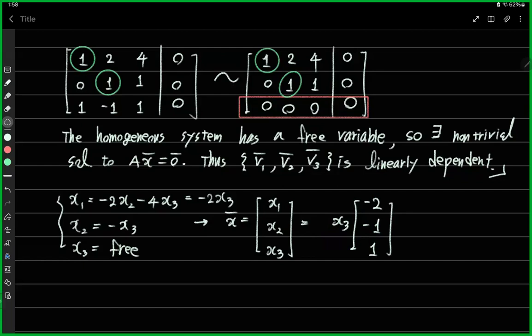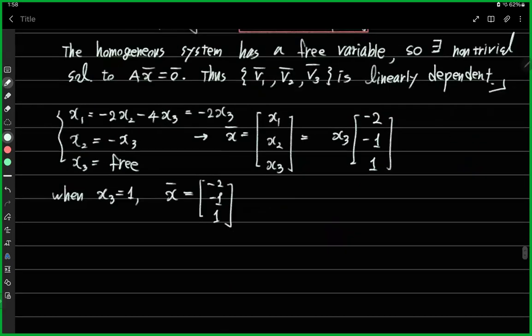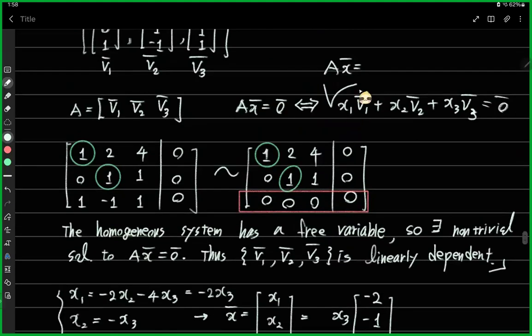Okay. So when x3 equals 1, let me put the 1 into x3. Then x bar is going to be -2, -1, and 1. So this makes the combination a 0 vector, which means that it is a solution of the homogeneous system.